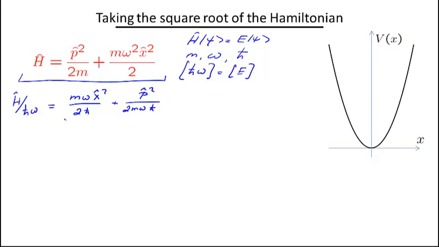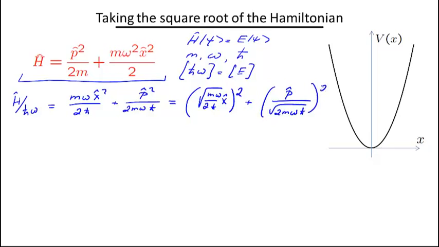So I just switched the order in which these two terms appear in this Hamiltonian. And the next step I'm going to use is also going to be pretty strange from any point of view. So I'm going to just write the first term as the square root of m omega over 2 h bar x, squared, plus the second term likewise is going to be p over the square root of 2 m omega h bar, squared.